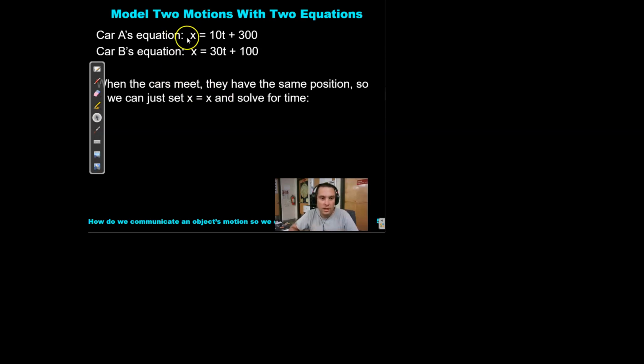So we know that x sub a equals 10t plus 300. And x sub b equals 30t plus 100. So that means 30t plus 100 has to equal 10t plus 300 because x equals x. So when you take two things that have something common between them, just set them equal to each other. And we can get the time. Now we can go back, take this time, plug it in either one of these equations and find the exact position.